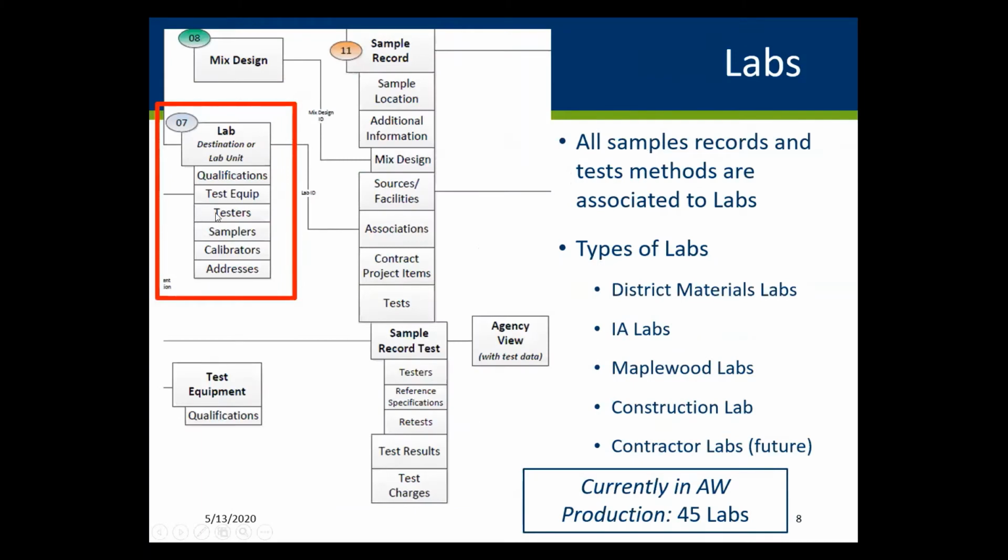Moving on to labs, all sample records and test methods are associated to labs. Right now, there's 5 different types of labs built into AASHTOWare: district materials labs, independent assurance labs, the Maplewood labs, and the several associating under them, a construction lab, and then contractor labs, which our goal, Greg Johnson and mine, one of our big goals is to get the contractor to be putting data into AASHTOWare also.